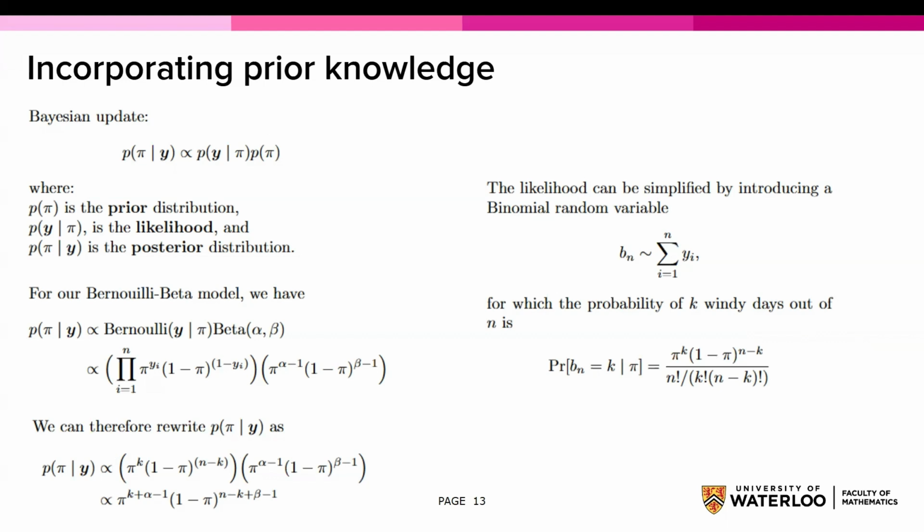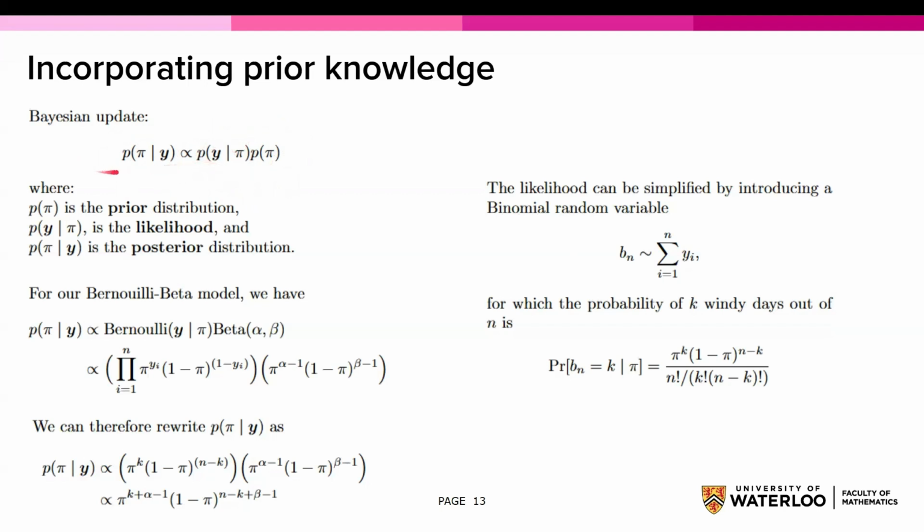So we combine our prior beliefs captured by that prior distribution with evidence from the data captured by the likelihood function. And when we do that, we obtain a posterior distribution. So this posterior distribution tells us how likely different values of pi are, given our prior knowledge of pi, and then the observed data, the likelihood.